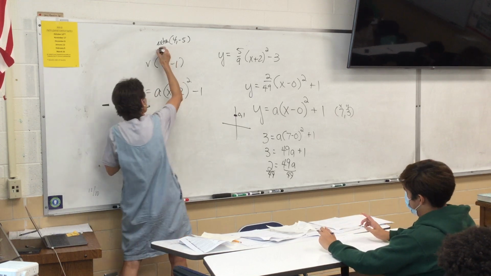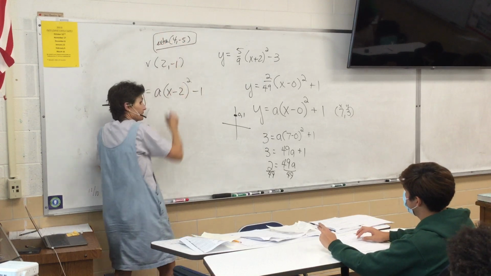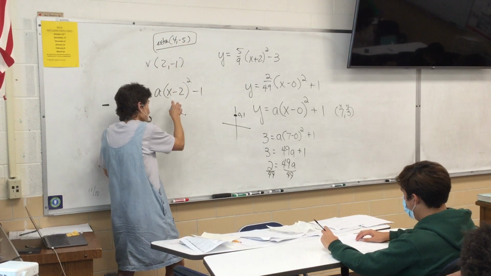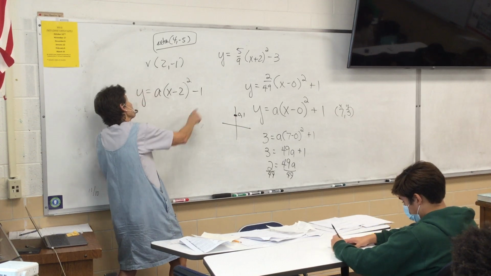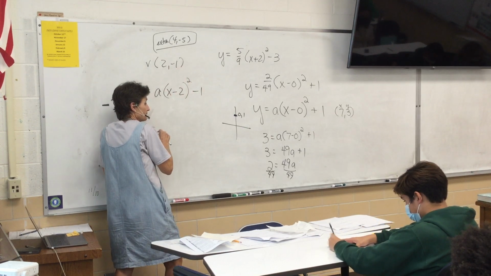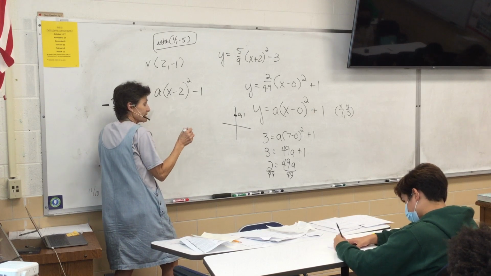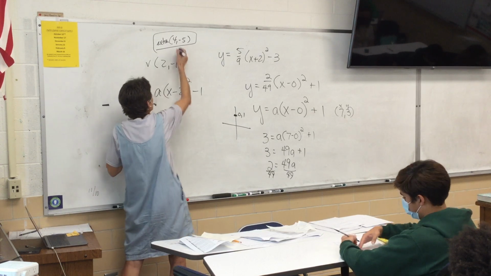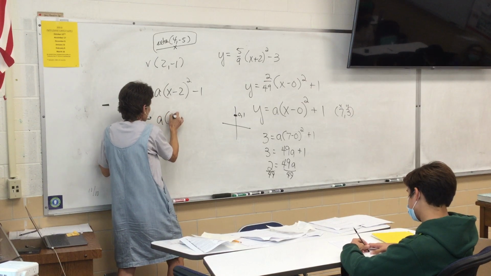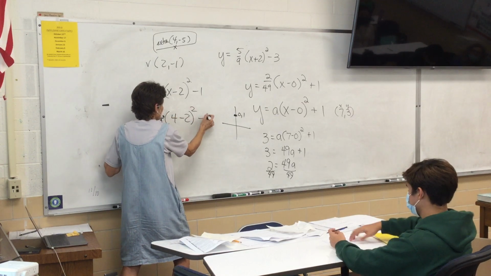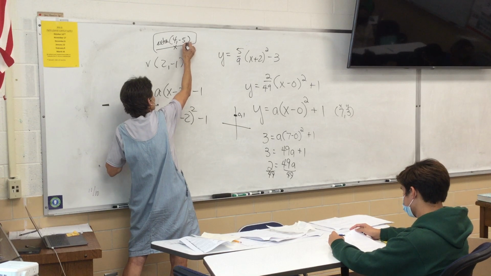So we go back to the extra point. We start with our vertex. That's the most important point. Then we go back and pick up our extra. Again, kids make mistakes with this and you shouldn't. X is 4. So you're going to put 4 in for X. Y is negative 5.